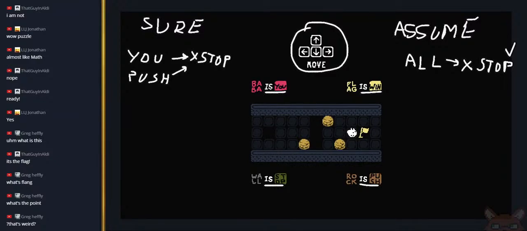Okay, next one we have flag is win. Now then, we can assume that this is the end state. Okay, so an object that is U is overlaying the object that is win.